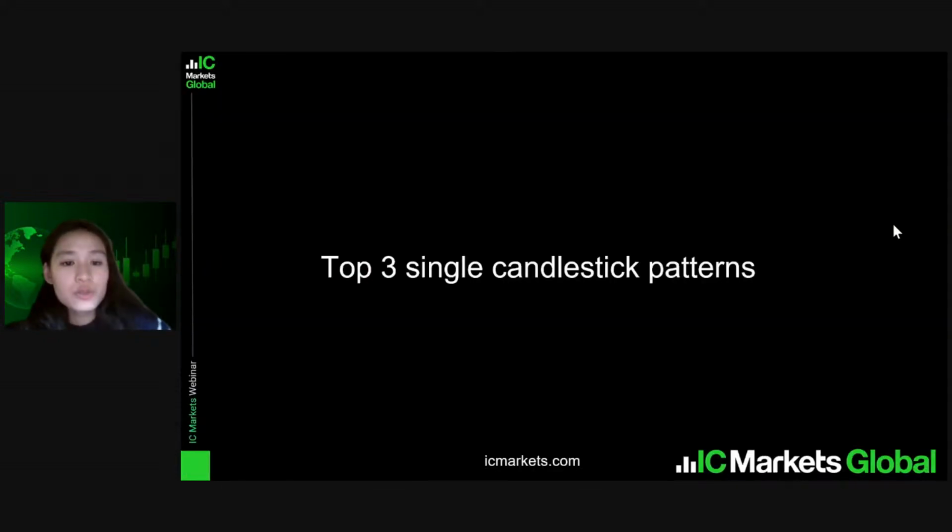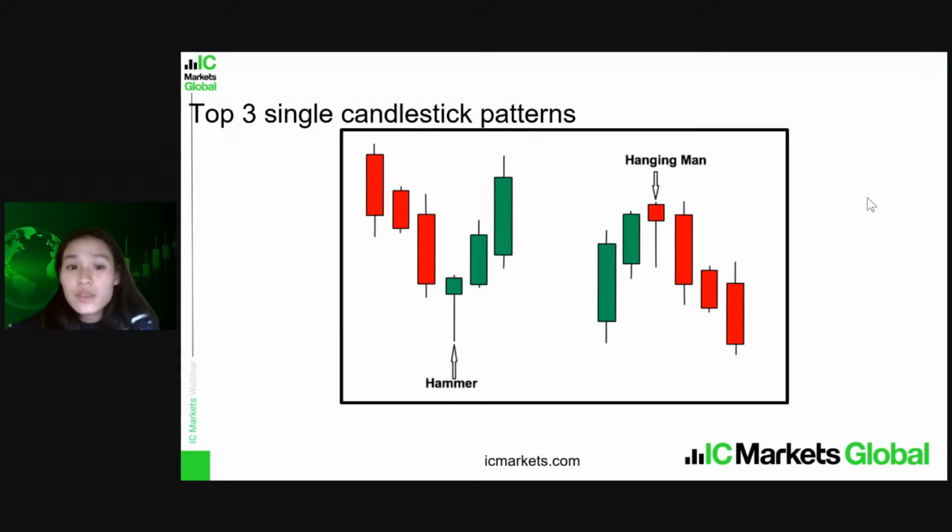Okay, now let's move on to the top three single candlestick patterns. Firstly, we have the hammer on the left and we have the hanging man, which is just the bearish version of the hammer.